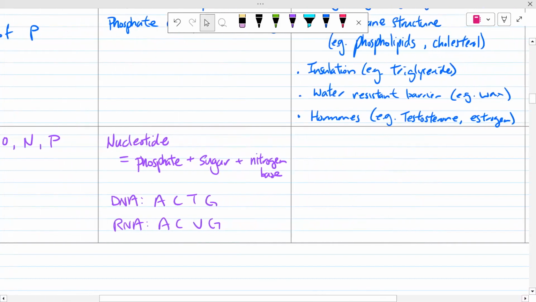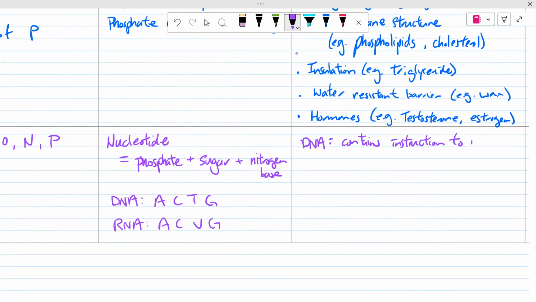The function of DNA: it contains instructions to make proteins, right? RNA, it makes up part of the ribosome.